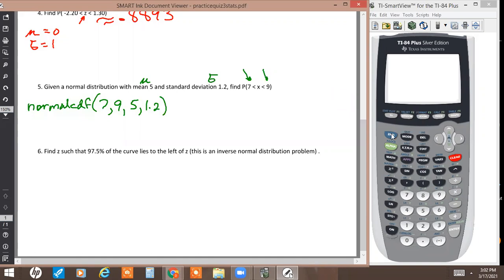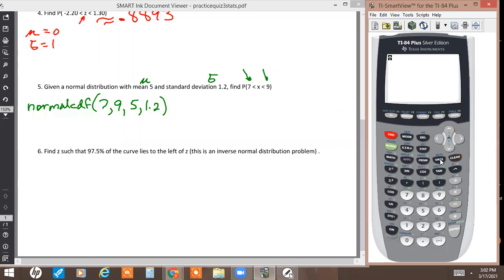So I'm going to go back into the second distribution. Option number 2. Now I'm going to type over this stuff. My lower bound is going to be 7. My upper bound is 9. My mean is 5. My standard deviation is 1.2. Paste it and press enter.